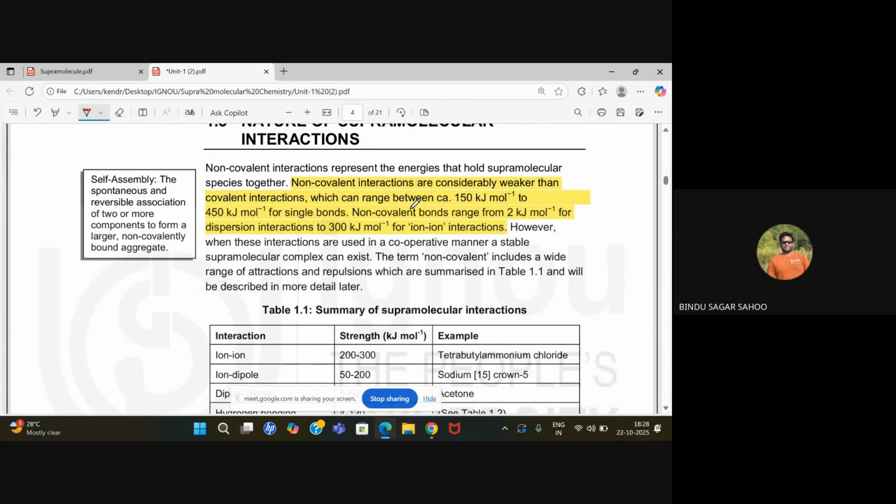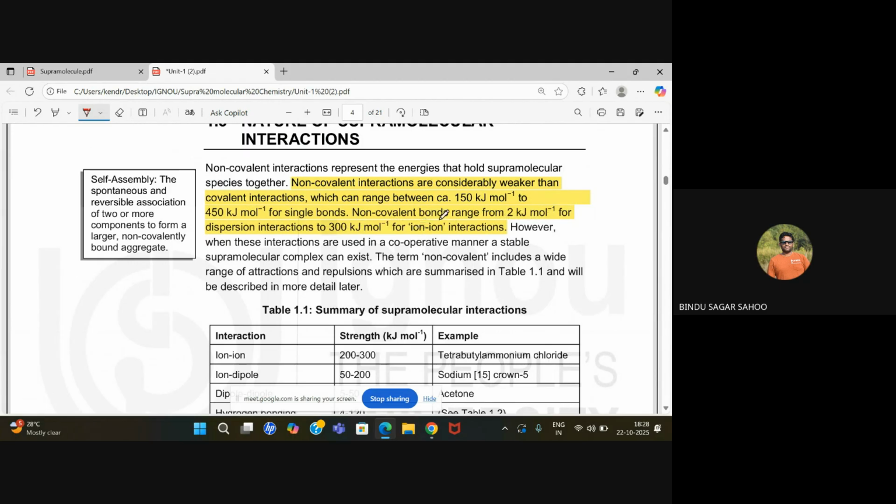The range of covalent interaction is 150 kilojoule per mole to 450 kilojoule per mole. When we discuss ionic bonds, the bond energy will be more than 600, 650, 700, 750, just like that. But for non-covalent bonds, the range is 2 kilojoule per mole to 300 kilojoule per mole. Yes or no?